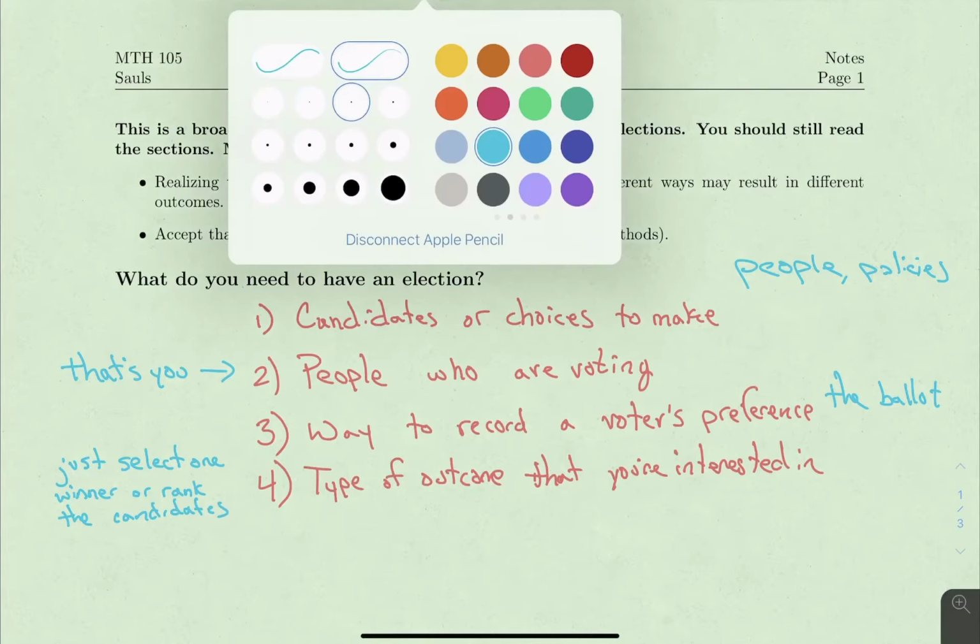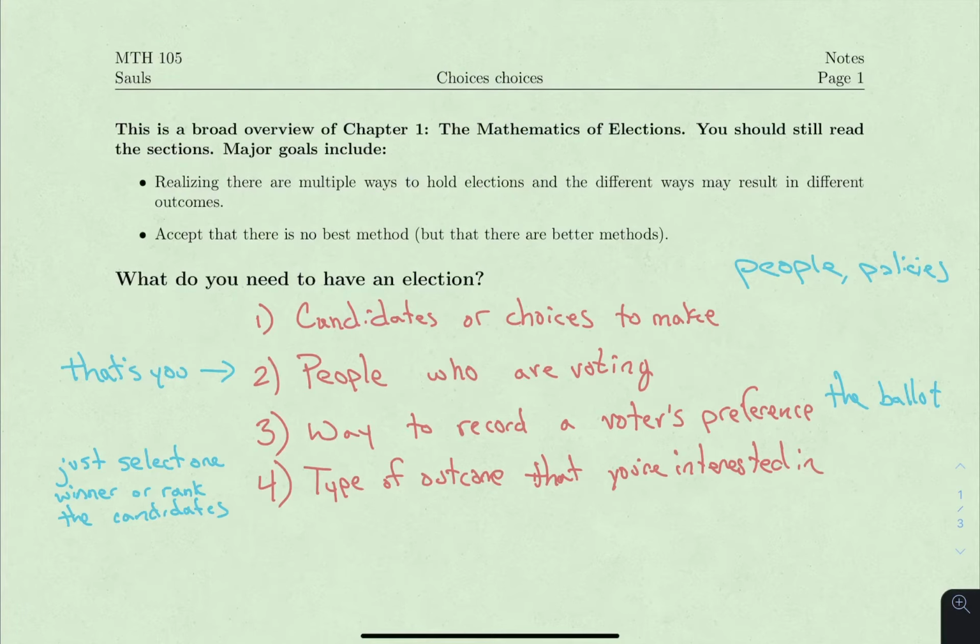You can imagine an election where the person who is selected as the winner becomes president, and the runner-up or second place person becomes the vice president. And then fifth is the voting method or way to choose the winner, based on the ballots.